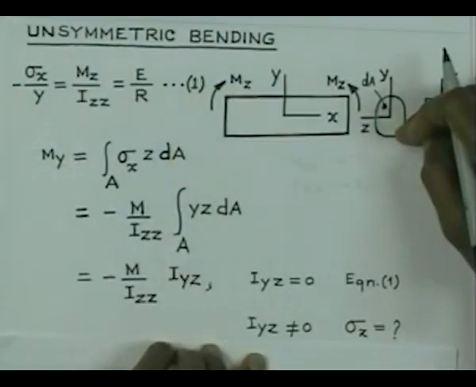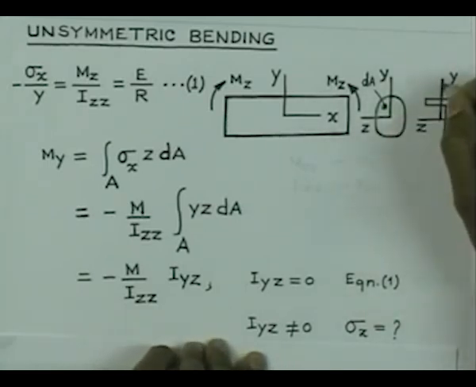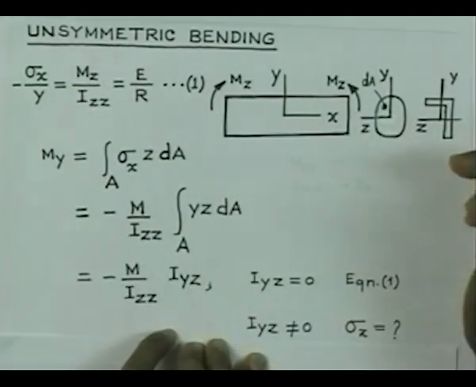In order to do that, one way to go about it is to find out the directions, let us say y1 and z1, whereby we will have Iyz equal to 0, and then work with those two directions to find out the stresses. I will again repeat, suppose you have a cross section like this and you have loading in the xy plane, then in that case if you work with this system, you are not going to have Iyz equal to 0, and you cannot find out the stress distribution using this formula.